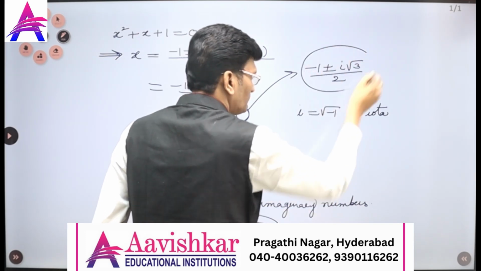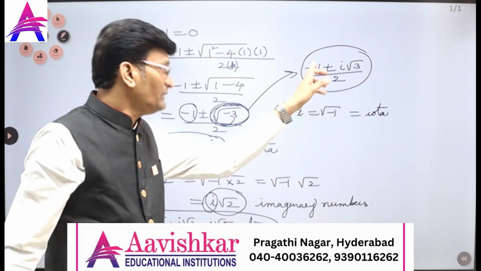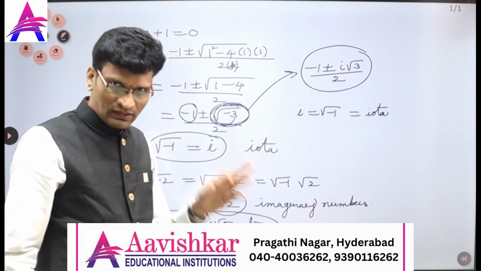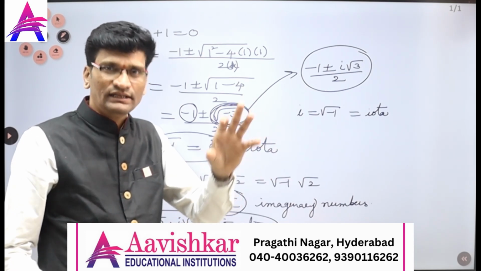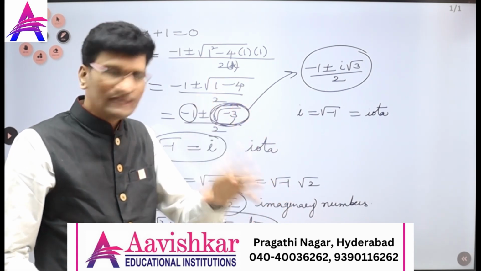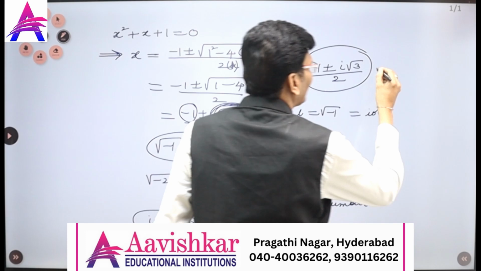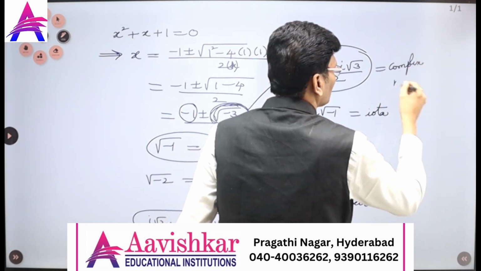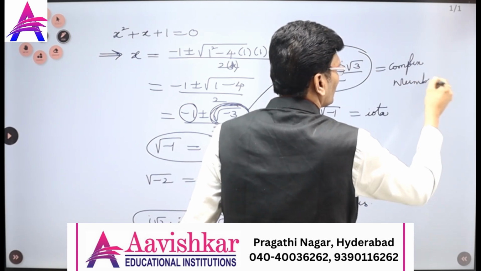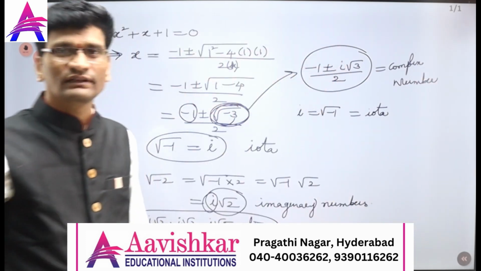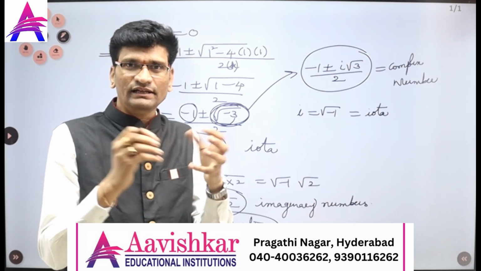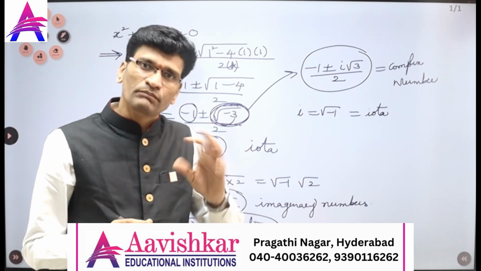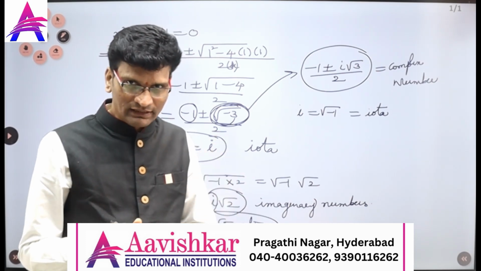Now observe this number. It is the combination of real and imaginary numbers. The combination of real and imaginary numbers is called a complex number. So a complex number means the combination of real and imaginary. It means in the same number you find both real and imaginary parts.